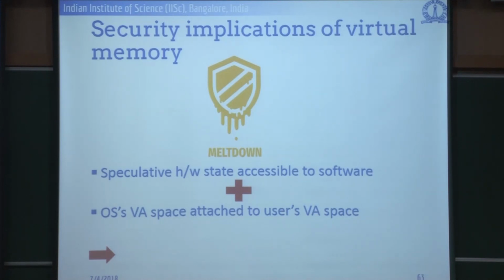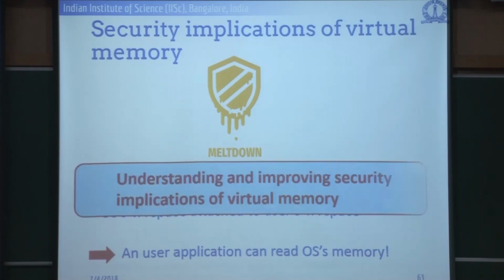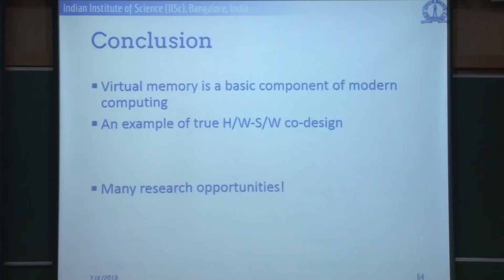Now they moved to a solution with a separate kernel page table, and if you have system-intensive code, like big database code with a lot of system calls, performance tanks. So there are security challenges, and virtual memory has a role to play in security. I talked about security a little bit from time to time in this talk. With that, I'll end my talk here.